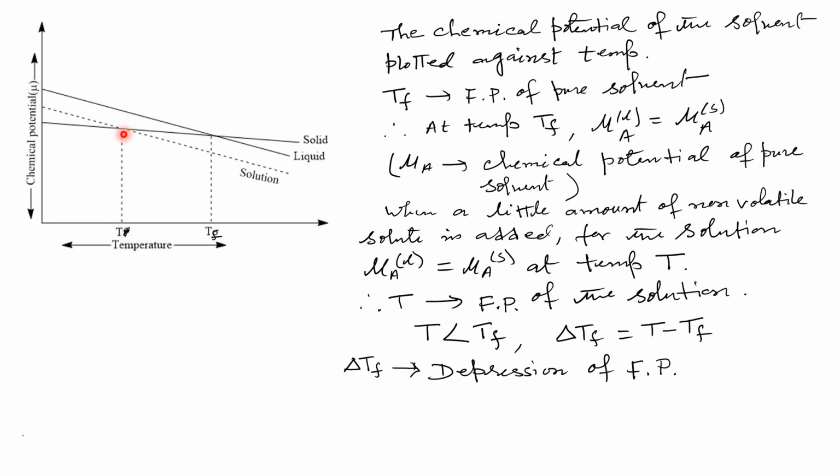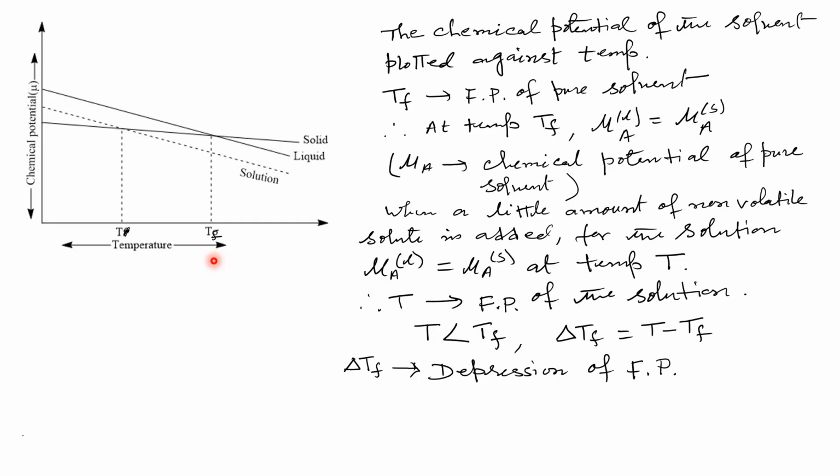Here the solid is there and the solution is there, and this is their touching point. That means they are at equilibrium, which is at a still lower temperature T. Now here we have plotted the chemical potential of the solvent against the temperature. As I told you, TF is the freezing point of the pure solvent, and at the freezing point, liquid and solid are at equilibrium.